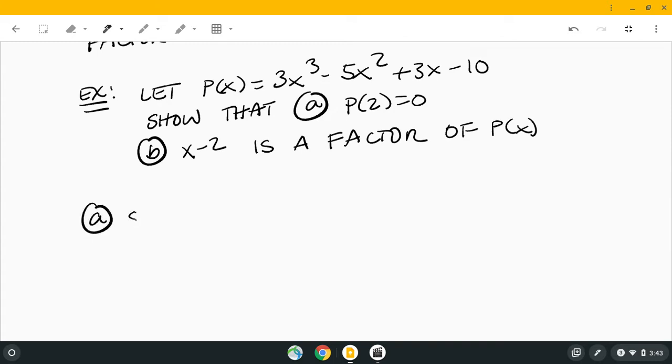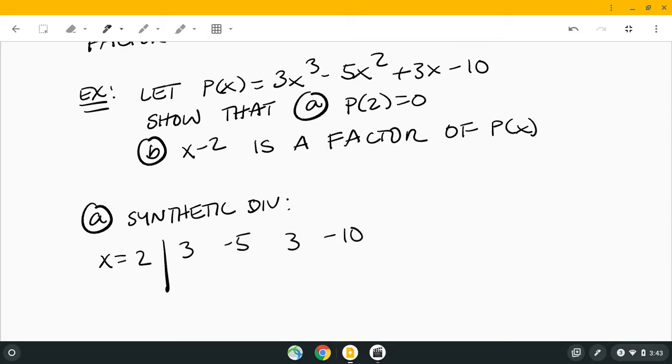So for part A, we're just going to do synthetic division to show that we get 0. Since p of 2 equals 0, we're going to do x equals 2, and we have 3, negative 5, 3, negative 10. Bring this down. 3 times 2 is 6. We get 1. 1 times 2 is 2.